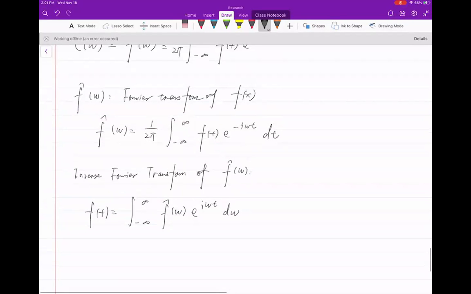So the only difference is this one has a negative, this one does not have a negative. It comes from the idea of the conjugate.